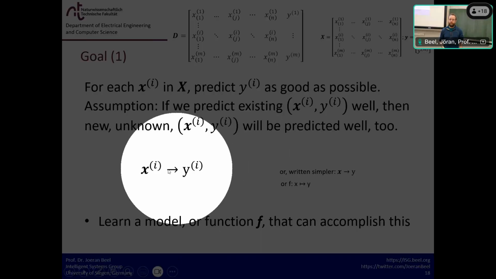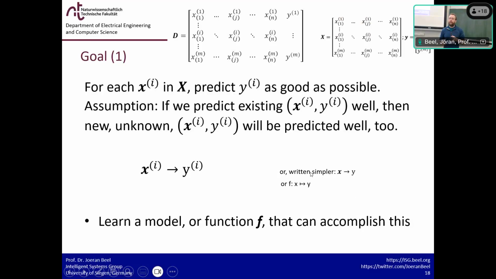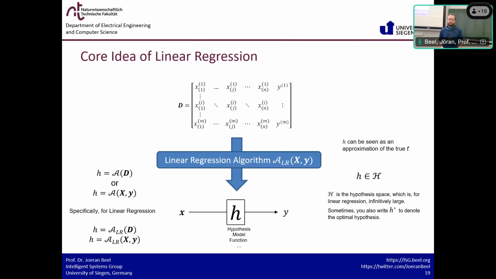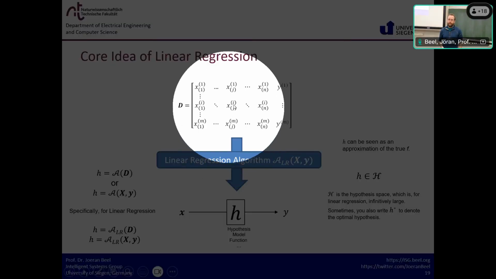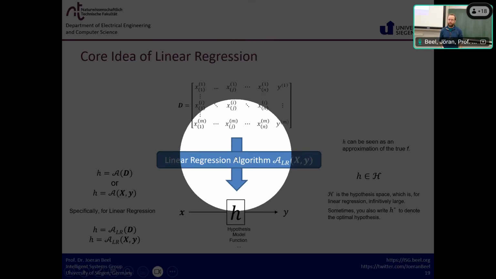A different way of writing this, or sometimes you will see these notations. So we have this function, you could also call it an algorithm, but now we need to find another algorithm, that's actually linear regression, that gives us this model, this function. So based on our data set, we want to input that into our linear regression algorithm.